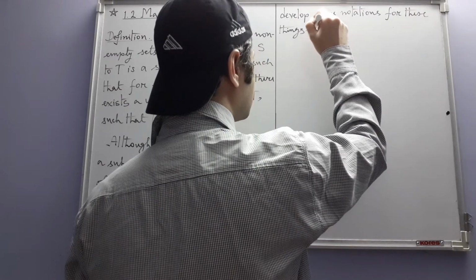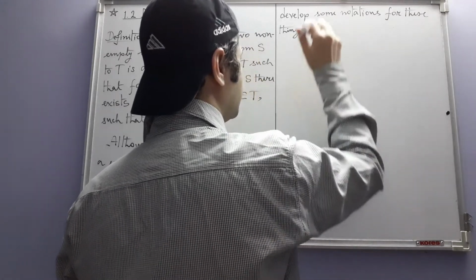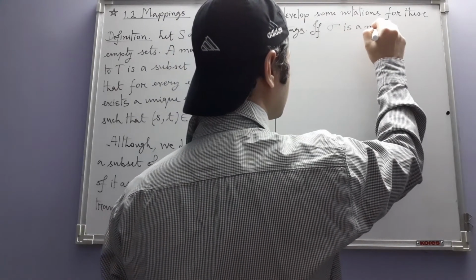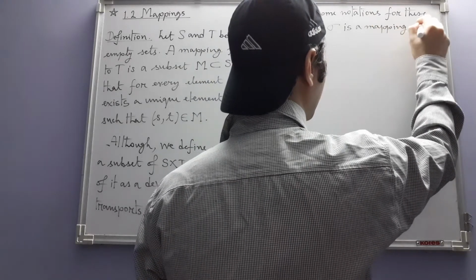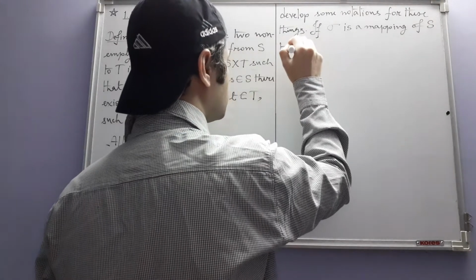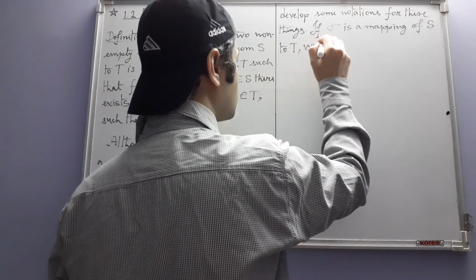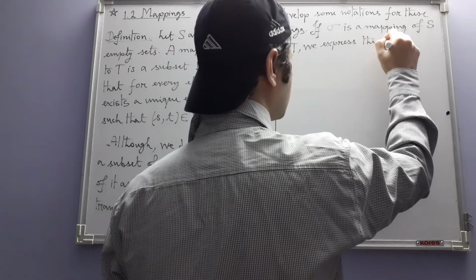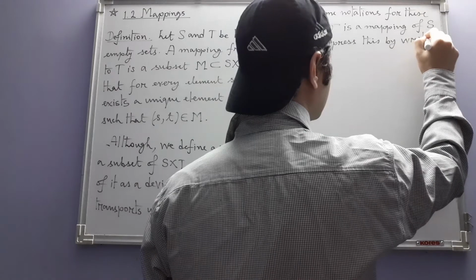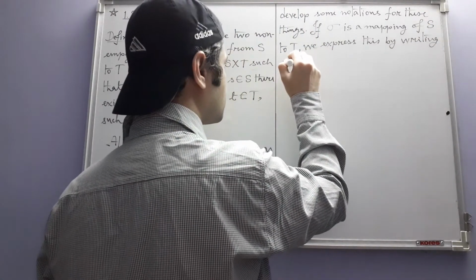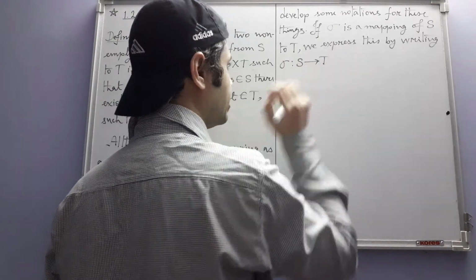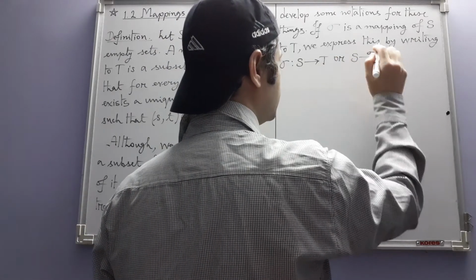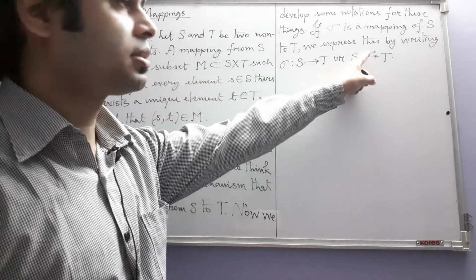A mapping, okay, let me write it like this: if sigma is a mapping of S to T, we express this by writing like this, or sometimes also like this, where the name of the mapping appears above this arrow.